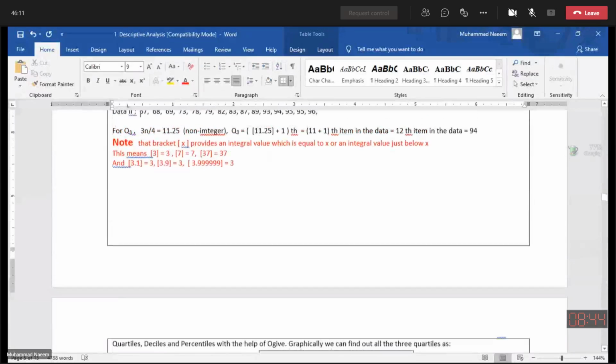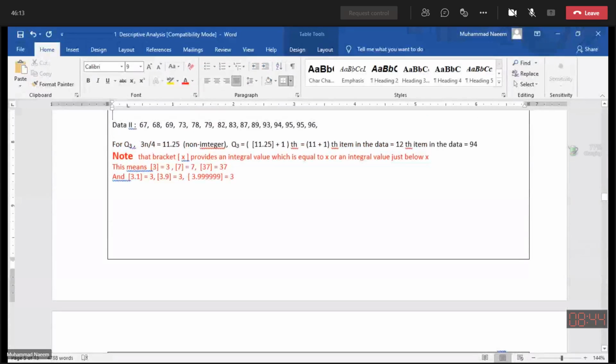Okay, this was the situation when we have an ungrouped data. We arrange this data and then find median, quartile, decile, and percentile. But what will happen if we have grouped data?